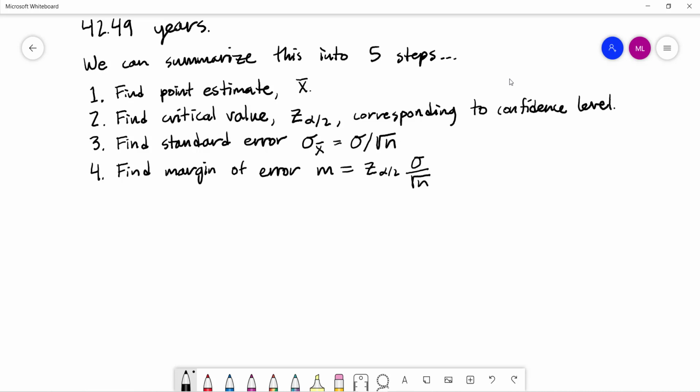So basically, all you do in this fourth step is take step 2 and multiply it by step 3. And that gives you how big the margin of error is. And lastly, once we have the margin of error, we construct the confidence interval.